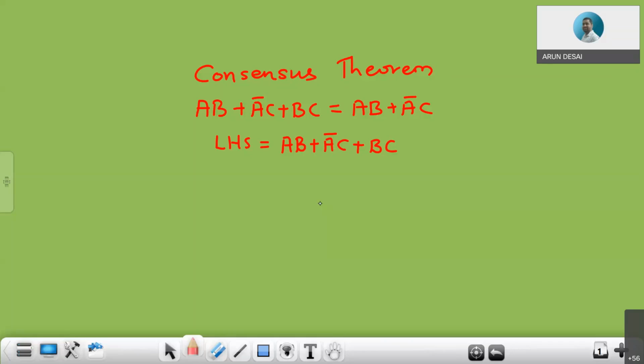Okay. Anyone has any clue to solve this expression? Put it in chat. Anyone has any clue?